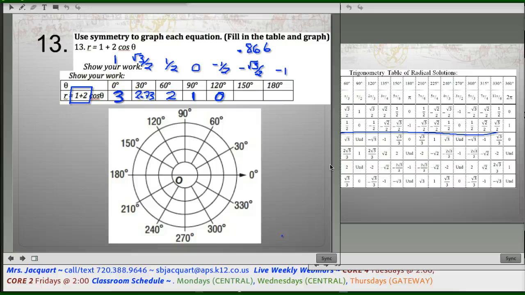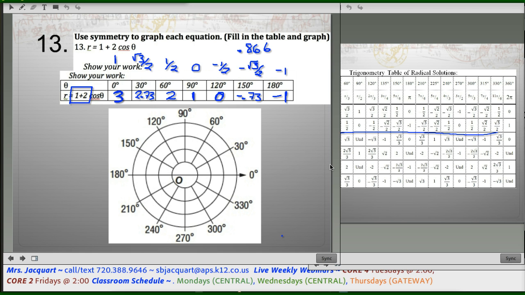And then 150: negative 0.866 times 2 plus 1 equals -0.73. And then -1 times 2 is -2, plus 1 is -1.